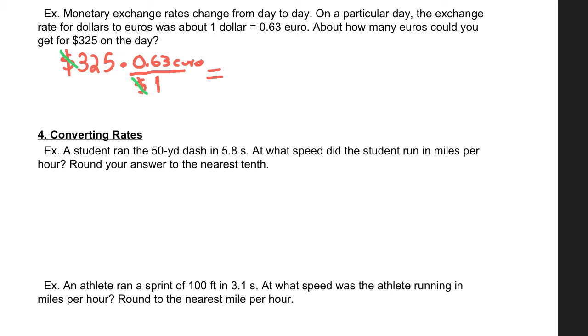And then I do 325 times 0.63, and then I think about dividing it by 1, which isn't going to change anything, but I'm still going to write that out. 204.75 euro divided by 1. I know it doesn't change anything, but I want to show that division.